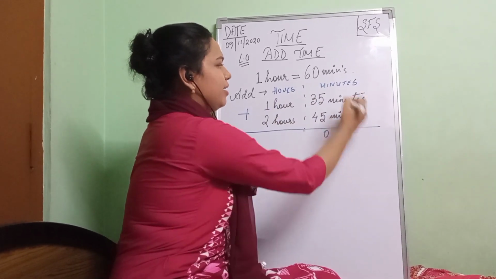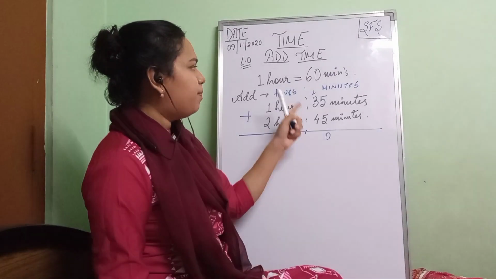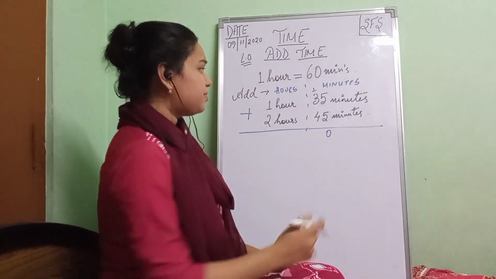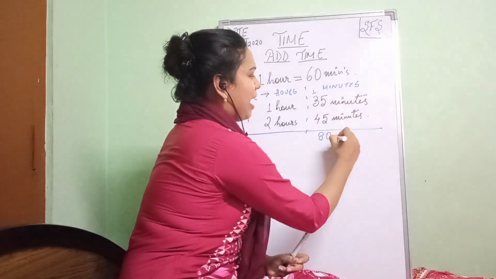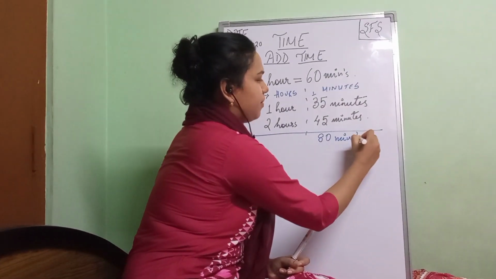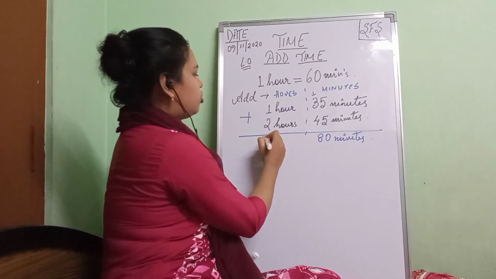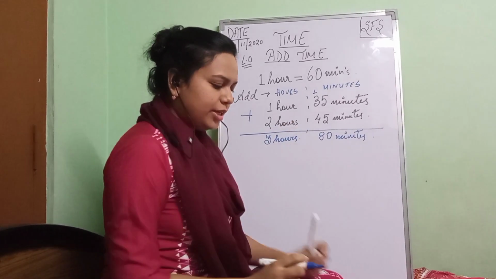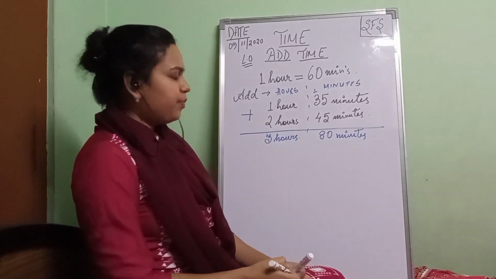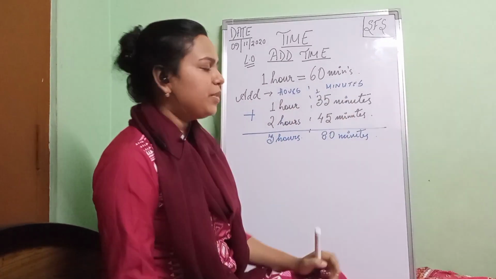You take 0, carry over 1. Remember that, children? Then 4 plus 3 is 7. 7 plus 1 is 8. So you have 80 minutes. And how many hours do you have? 2 plus 1 is 3. 3 hours.